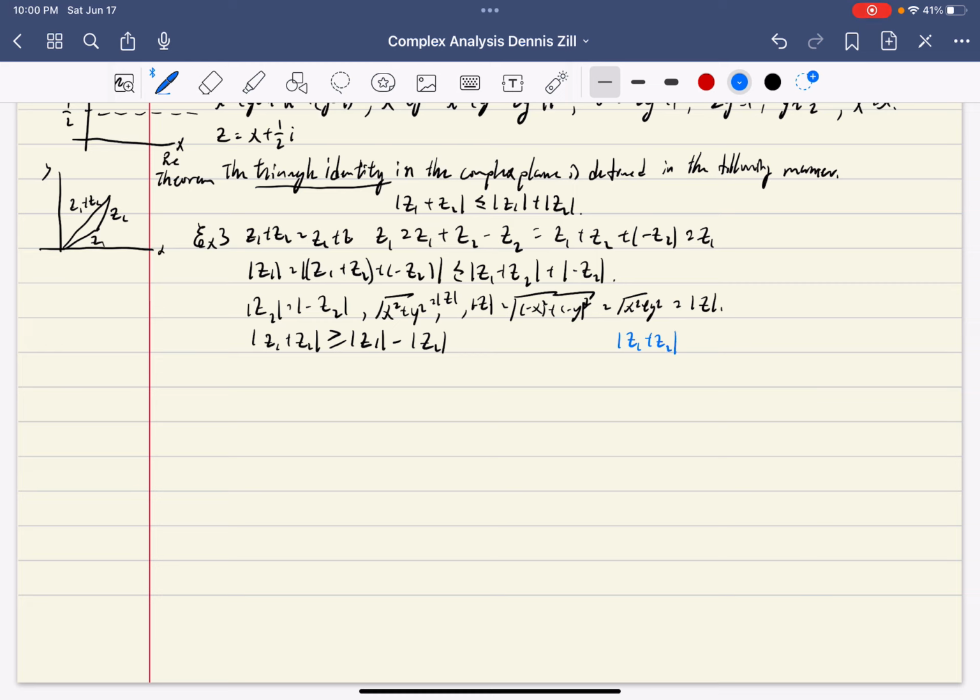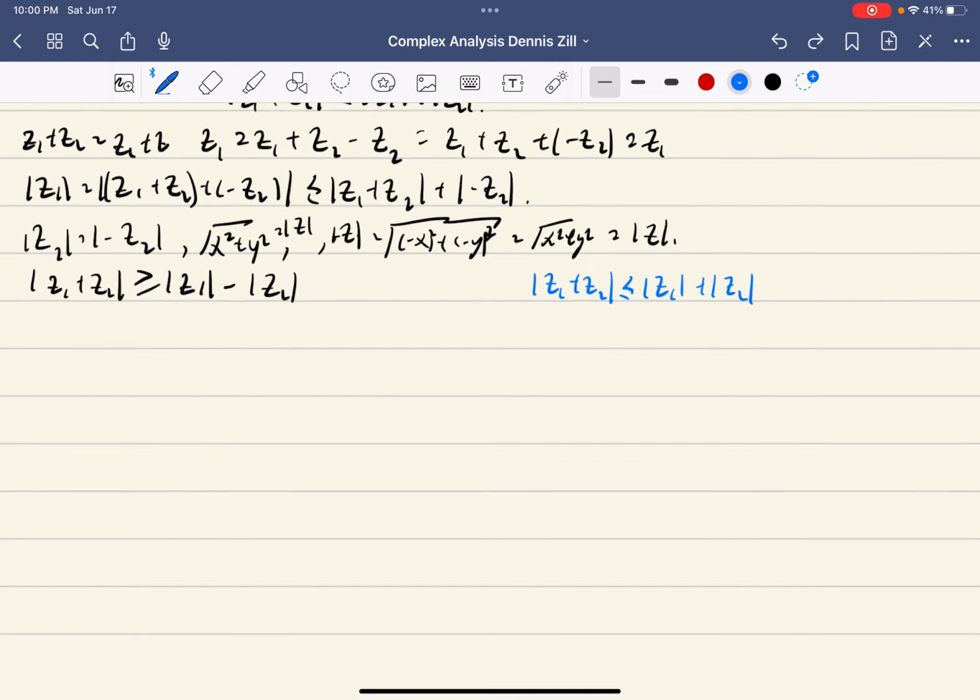And that is less than or equal to, well, the triangle identity says that, really, by this figure over here, right? Plus z2, right? This is true, we just proved it. And well, it's really, if you take one of the terms and subtract it, right, it's really just logical.